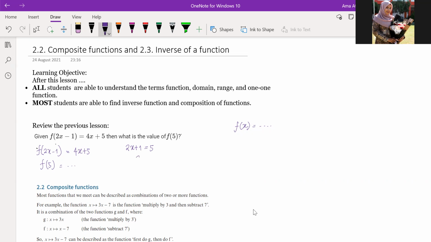So we will get 2x equals to 5 minus 1, which is 4. And therefore we will get x equals to 4 divided by 2. So it is 2. So to make f of 2x minus 1 become f of 5, then we need to change x here into 2.